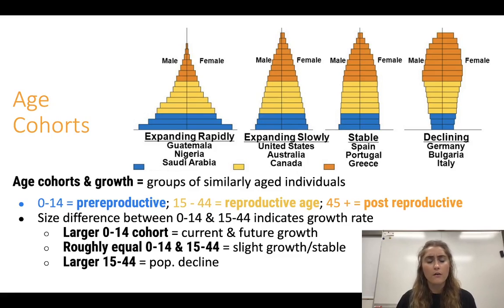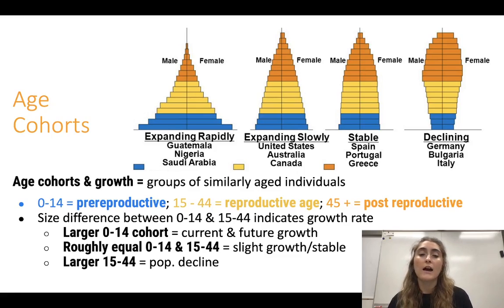Now, these are just age cohorts that are associated with reproduction, because that's what we're talking about. But you could break them up into other categories as well. 15 to 65, maybe your working class. You've got post-working class, pre-working class.